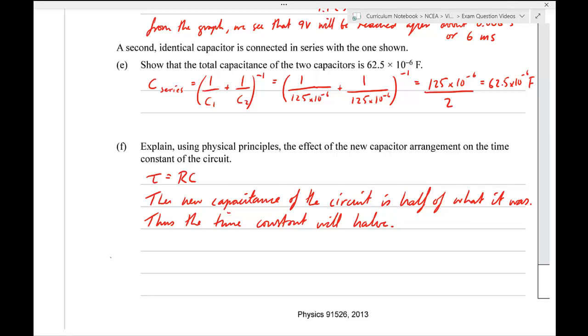Okay, so it says using physical principles, so maybe we should say something about why that's the case.